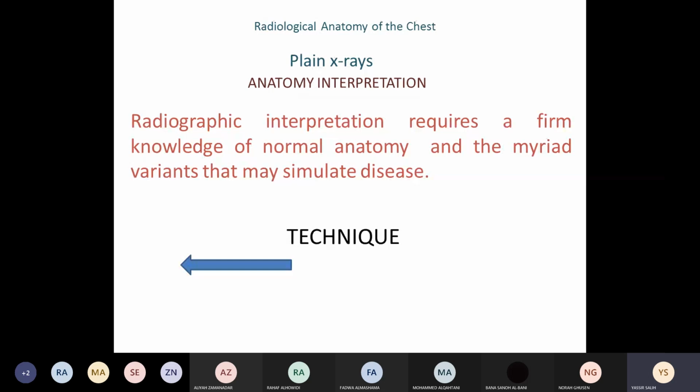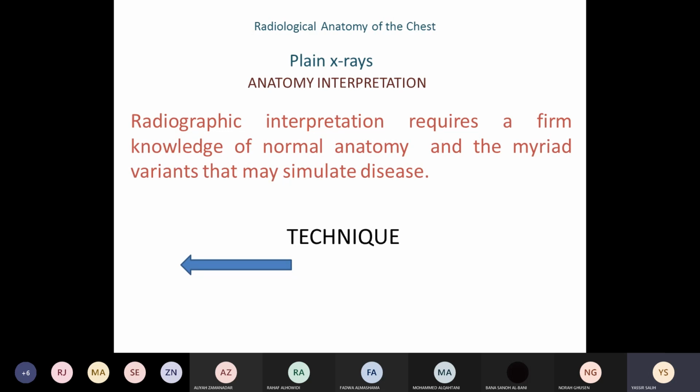Also, as you know, plain X-ray or plain radiograph, or conventional X-ray, is the most important imaging technique done for assessment of chest abnormality. Radiographic interpretation or reporting requires knowledge of normal anatomy and the technique, and the variants that may simulate disease.